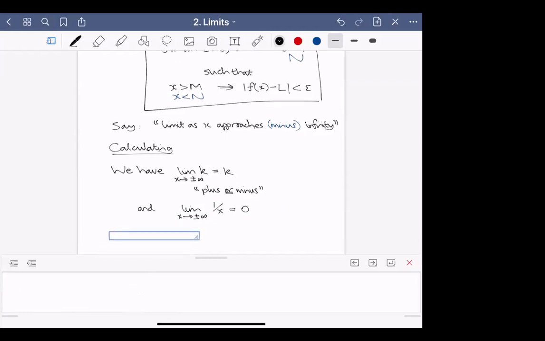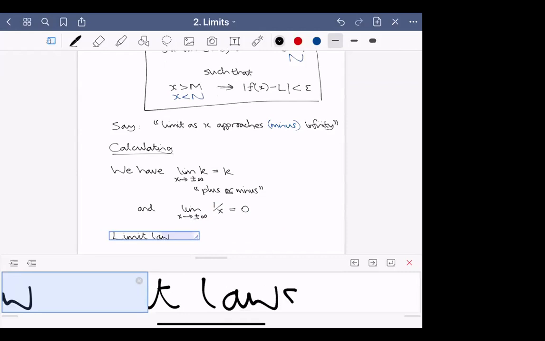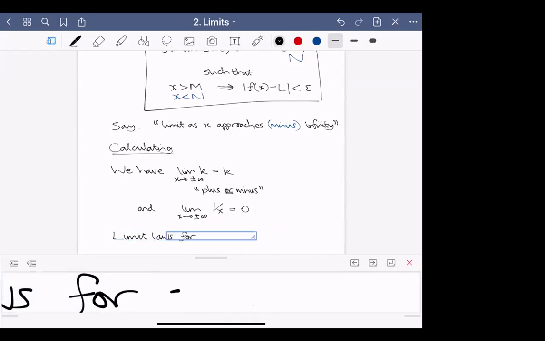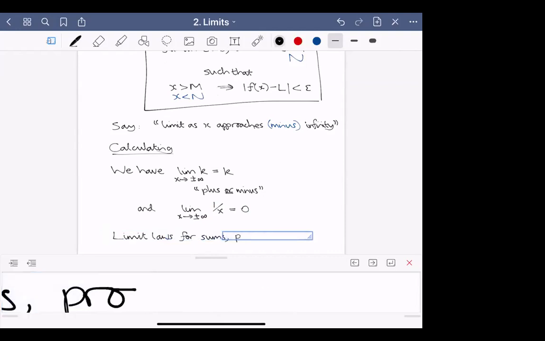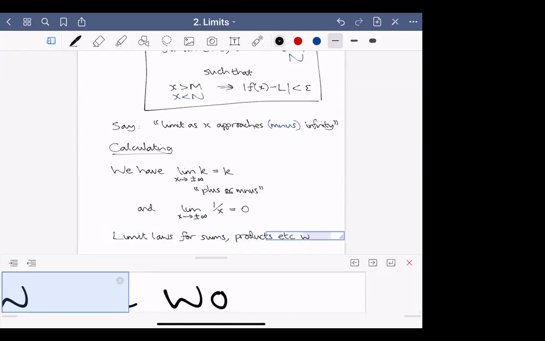And like before, we can build up more knowledge about limits using limit laws. So the limit laws for sums, products, etc. They work.